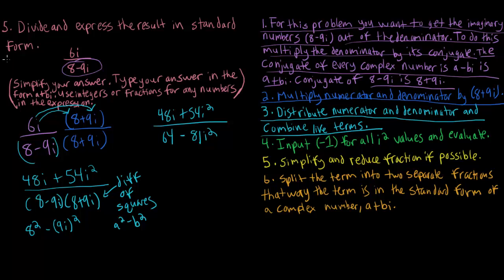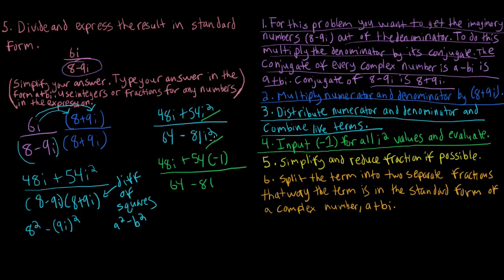And then step number 4, we want to input -1 for all i squared values and evaluate. So we need to input -1 for i squared here, and also i squared on the denominator. So 48i plus 54, insert -1 for i squared, so times -1, over 64 minus 81, input -1 for i squared, so -81 times -1, and then evaluate that.